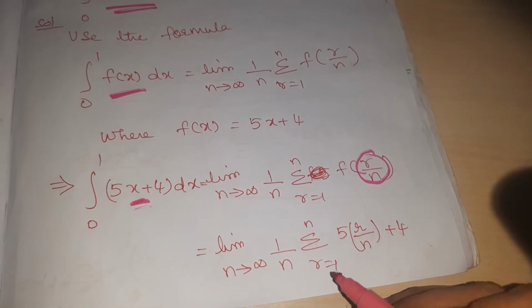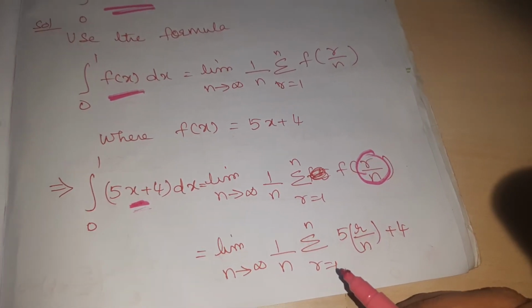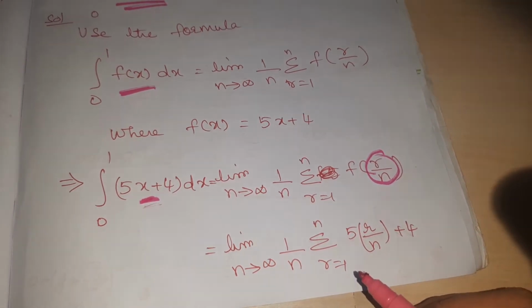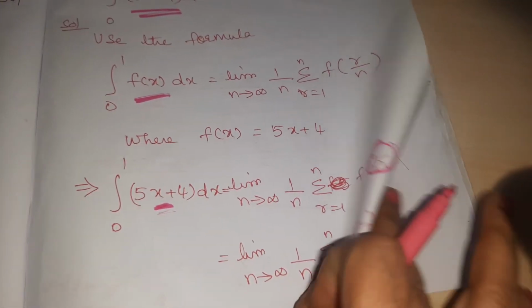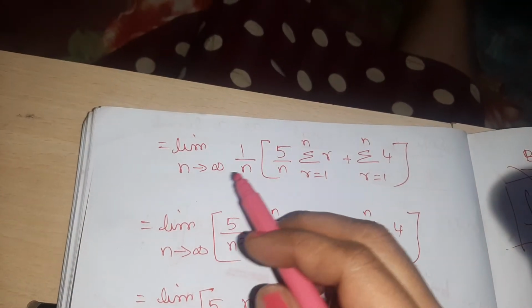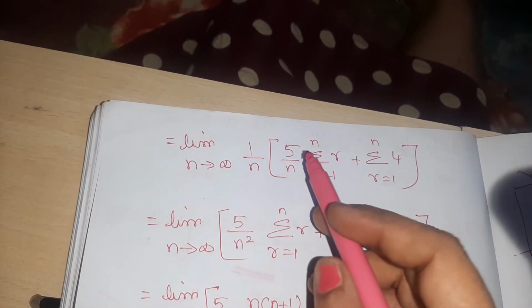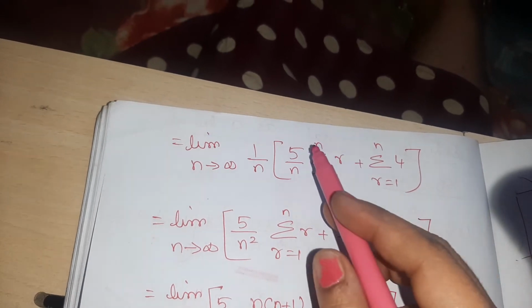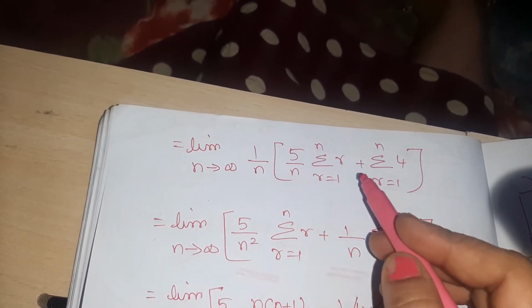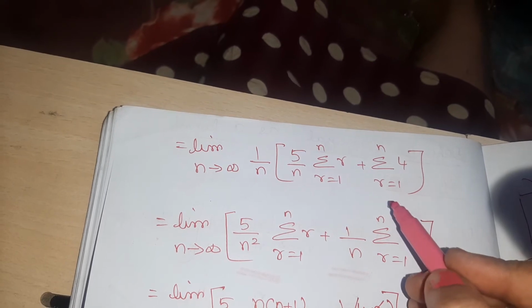This summation is only for r. So other than the r values, I am going to take them outside. Limit n tending to infinity 1 by n, 5 by n summation r is equal to 1 to n r plus summation r is equal to 1 to n 4.